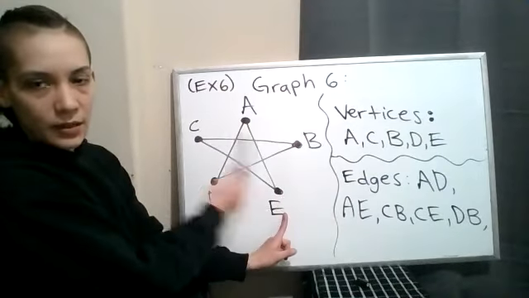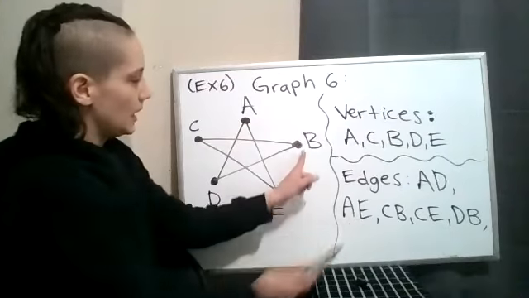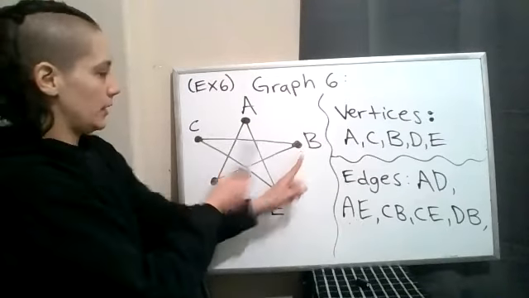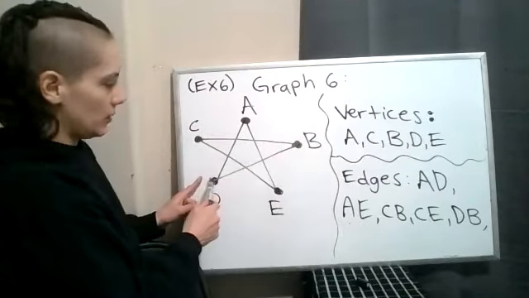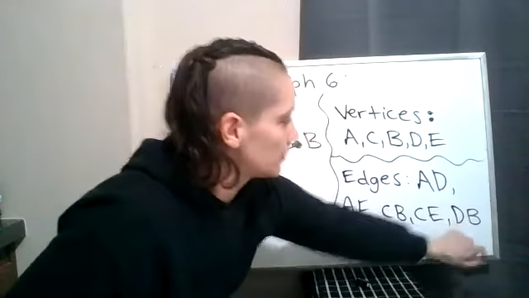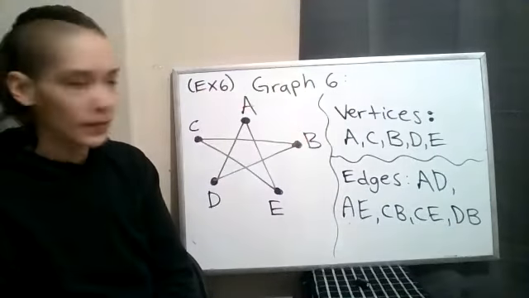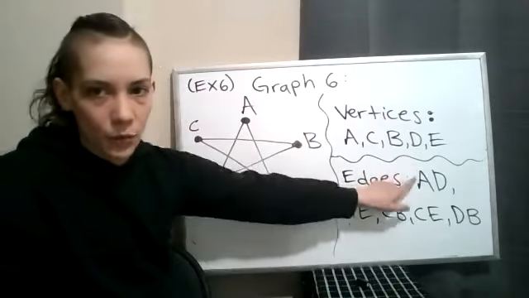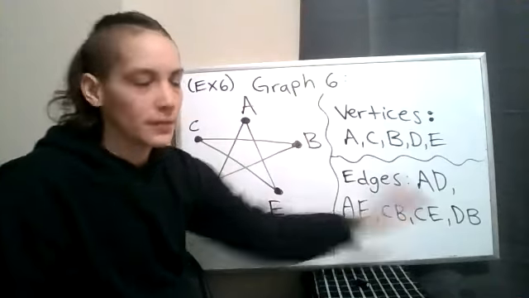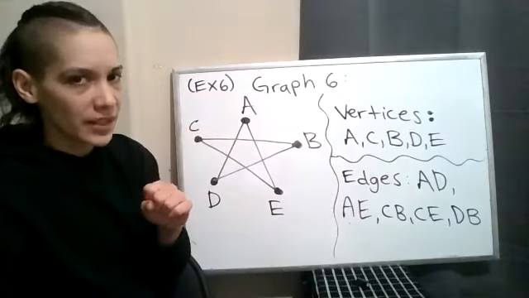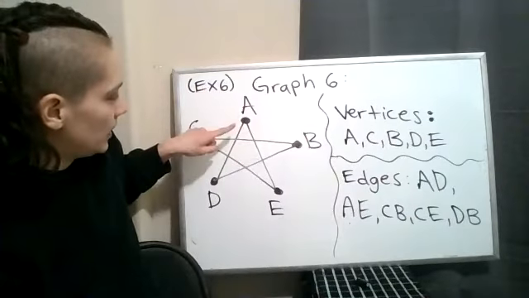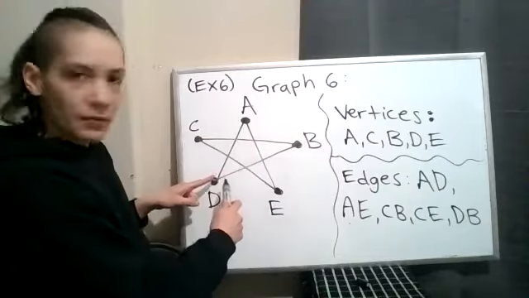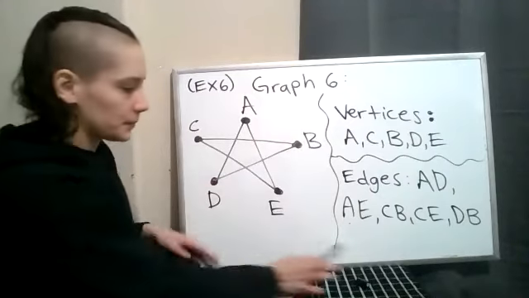E to A is right there. And then B to C, we have that one. B, D. Just a quick check. There's 1, 2, 3, 4, 5. I found 5 edges. There's 1, 2, 3, 4, 5 lines.